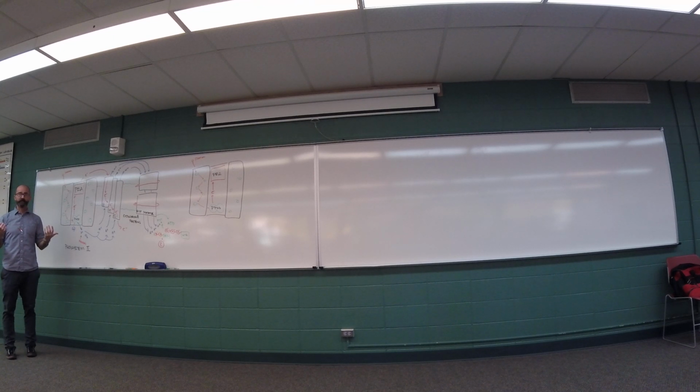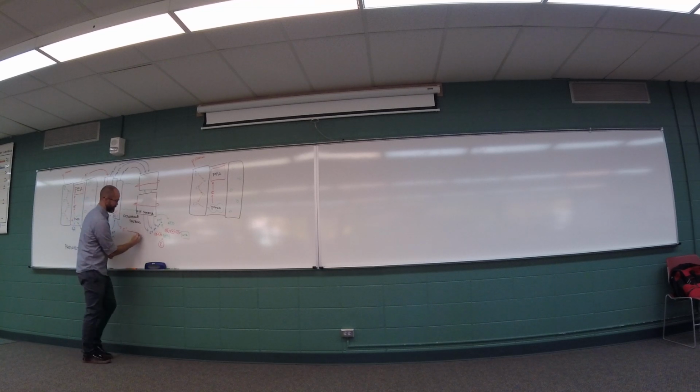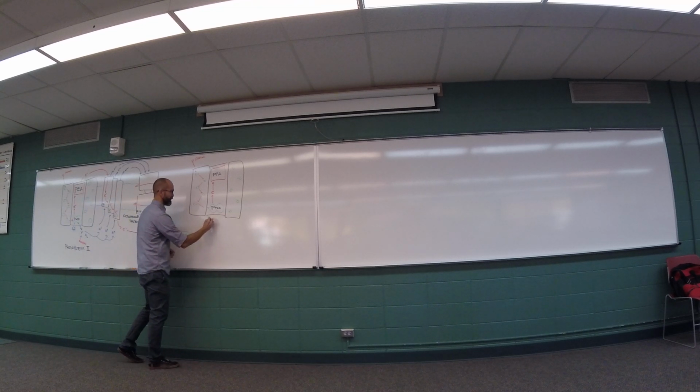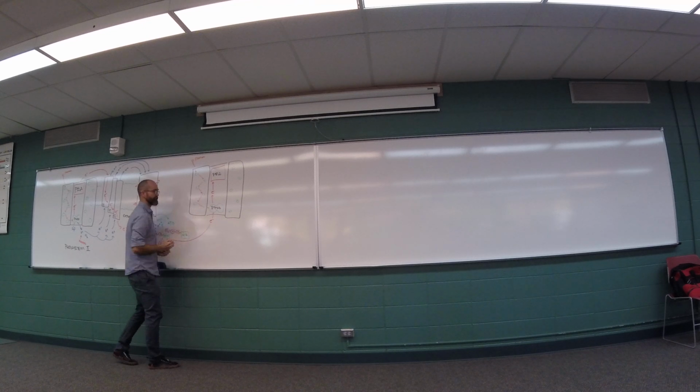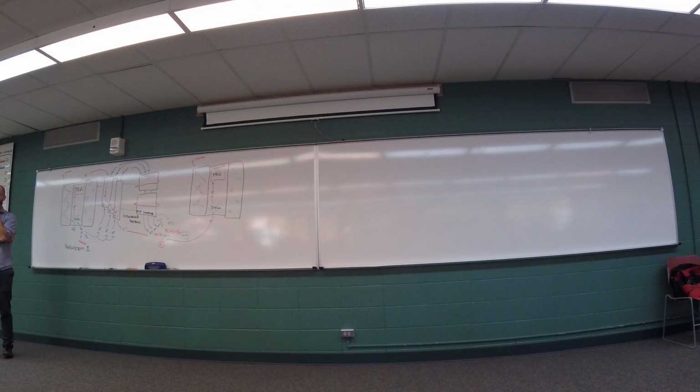And where is that electron floating around? The electron that fell out of the electron transport chain. This electron actually comes over here, and it reduces P700. So we don't need to split any more water.